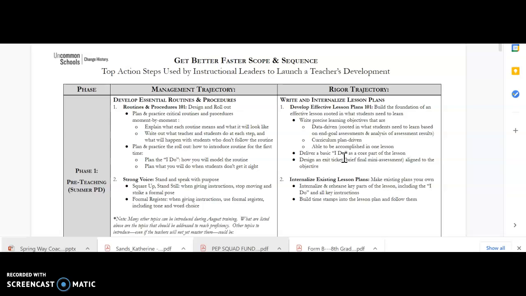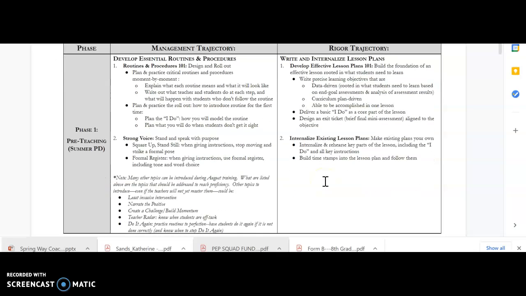Students are well behaved, but they don't know what is going on in terms of the actual lesson. At that point you could start with having the teacher internalize the lesson plan. Those are the kinds of feedback you'll be able to give a teacher.